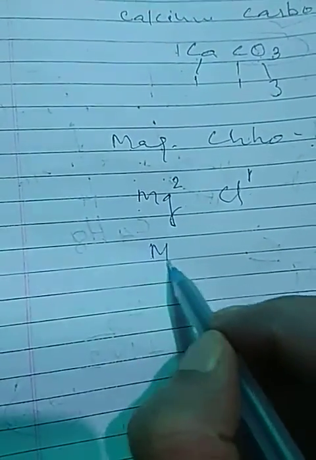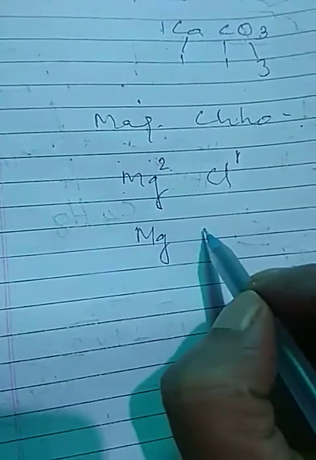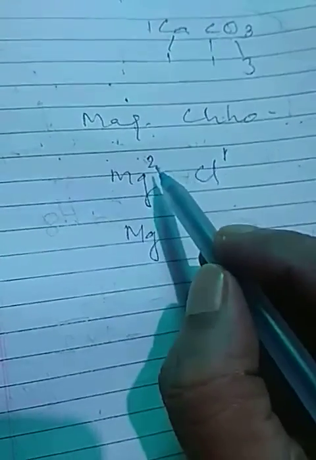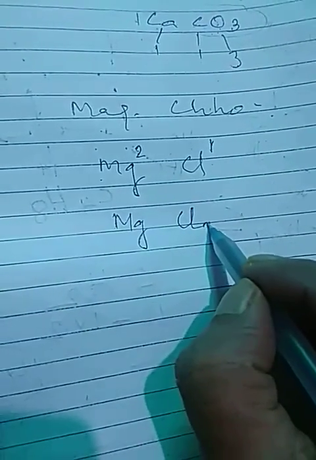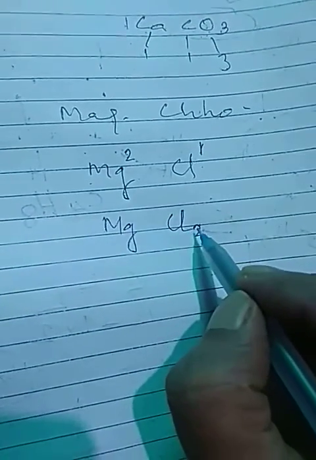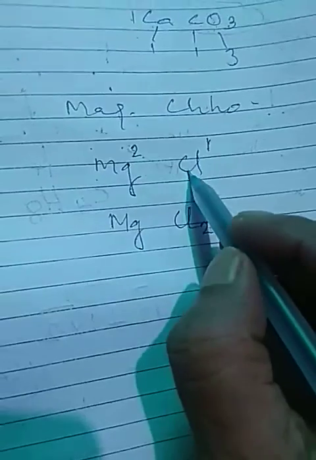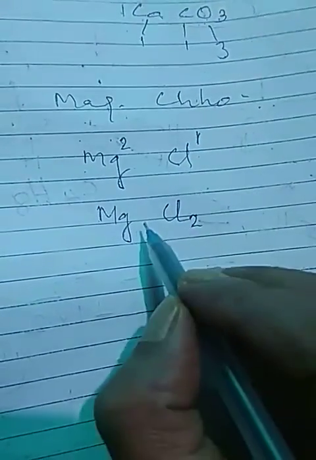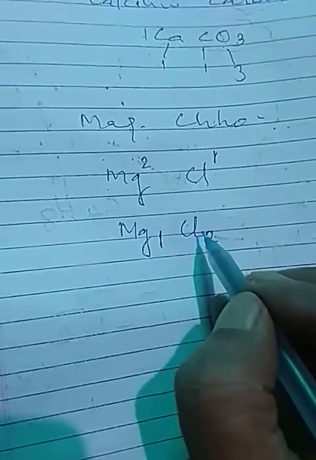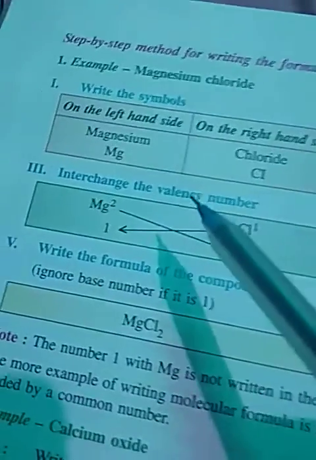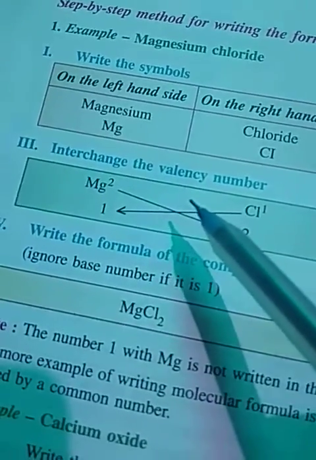Now in the next step, we interchange the valencies which are on the top. We will write them at the bottom on the right side. Chlorine has valency 1, and magnesium has valency 2. It will be Mg1Cl2. It will be like this, MgCl2.